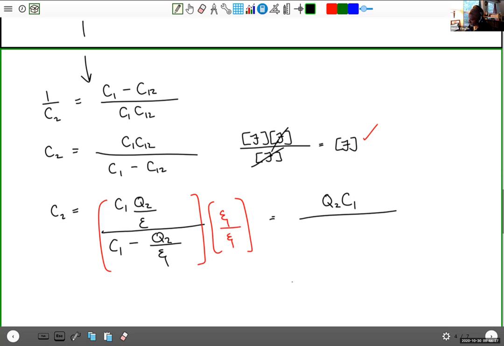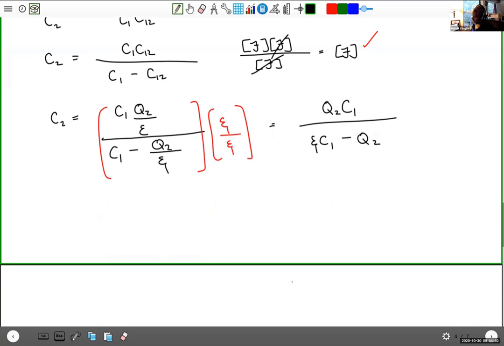And in the denominator, it allows me to write the product of the EMF of the battery times the capacitance of capacitor 1, minus the charge on capacitor 2. Okay, at this point, I'll be satisfied with plugging in values.